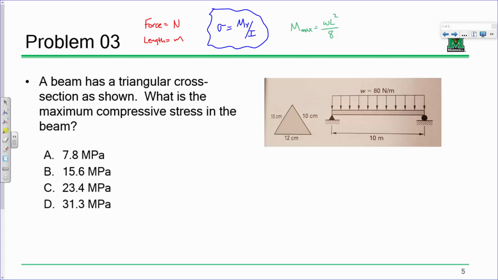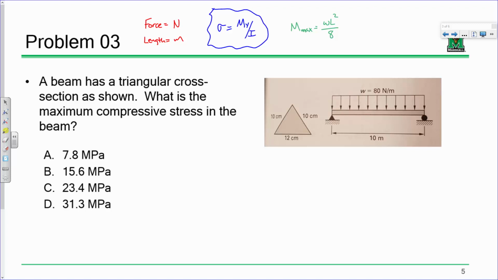Does that make sense? Hold on. There's a tensile fiber and a compressive fiber. Why are we using this one? Because it's asking for the maximum compressive stress. So here's the beam, and it's wanting to smile. Magnified, the beam looks like this.